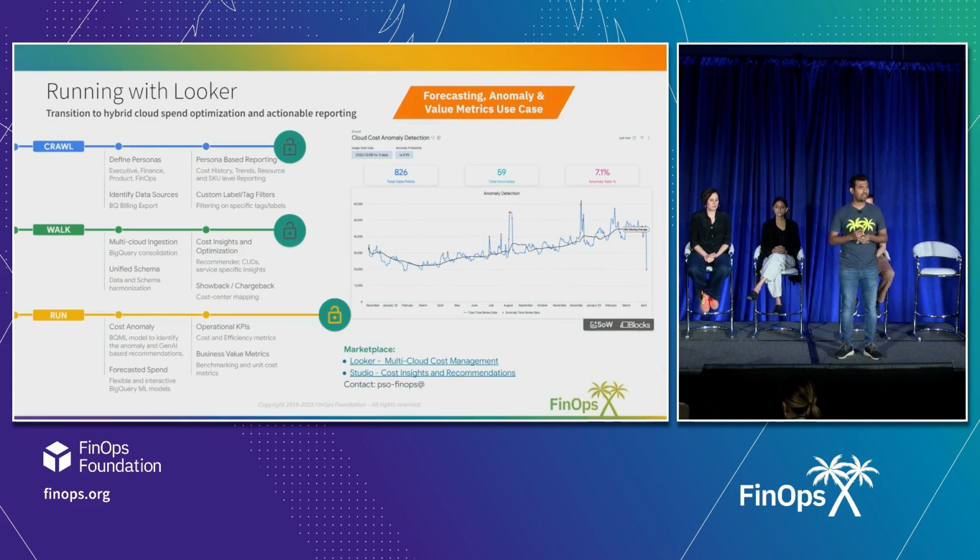And then as you have your forecasting, cost and usage, utilization reporting, things of that nature in place, you can start to have interesting KPIs on top of it, right? I like to call them the operational KPIs and the business value metrics. The operational KPIs could be something as simple as, what's my cost per vCPU core, right?